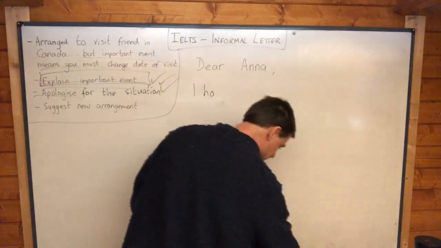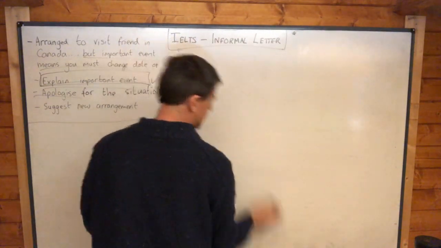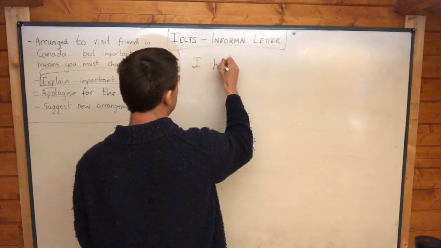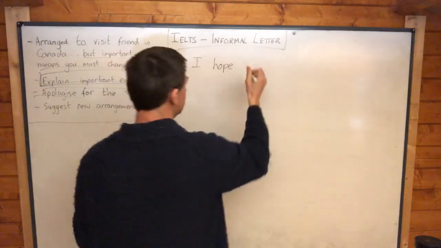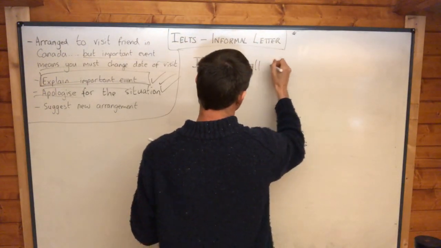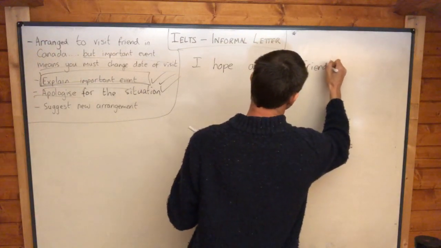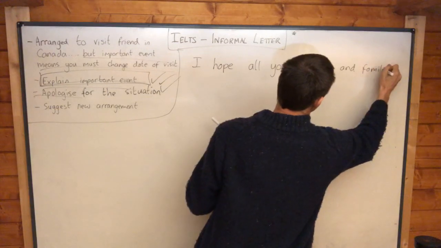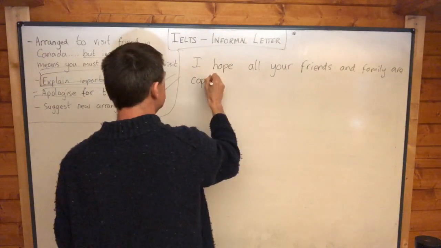Yeah, and let's get rid of Dear Anna as well. So something like, I hope everyone in Canada isn't panicking. Yeah, I hope you're all doing well in Canada. I hope you're all getting on okay in Canada. I hope all your friends and family are coping in these difficult times, yeah?